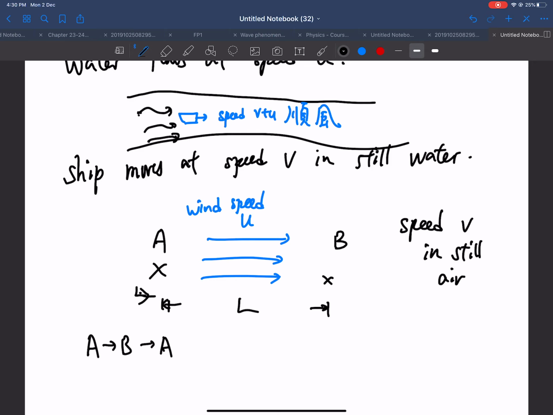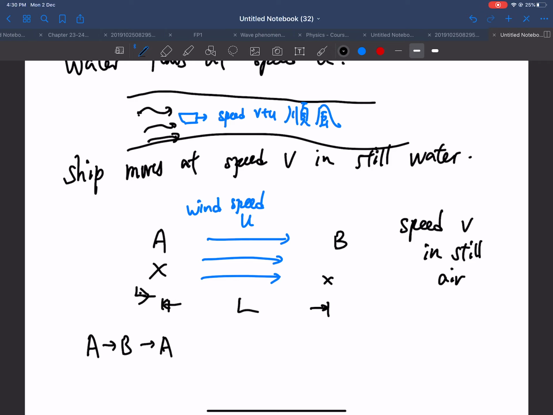Do you think it will take a longer time if there is a wind, or a shorter time? If the wind is in one direction, just from A to B, it will use less time.